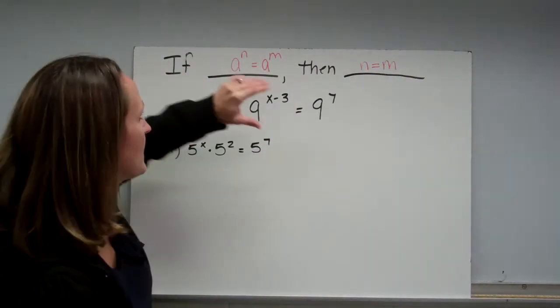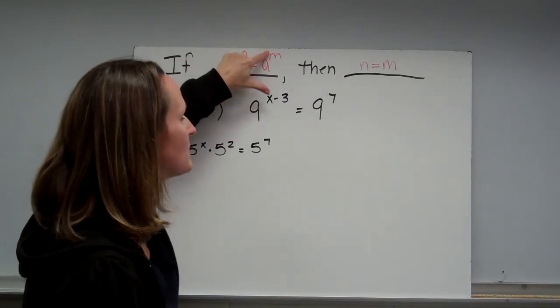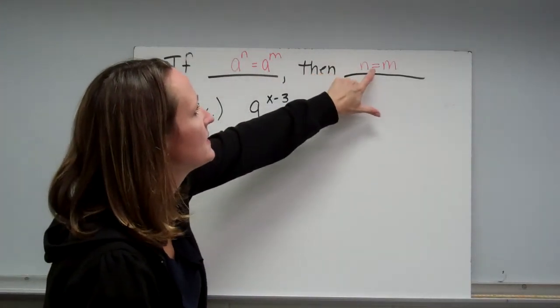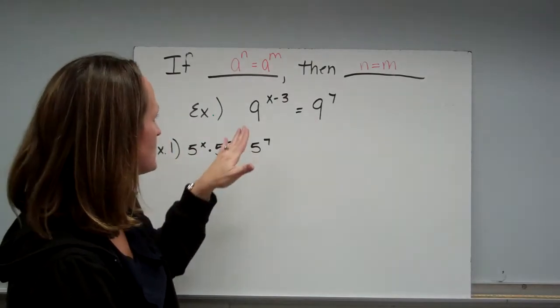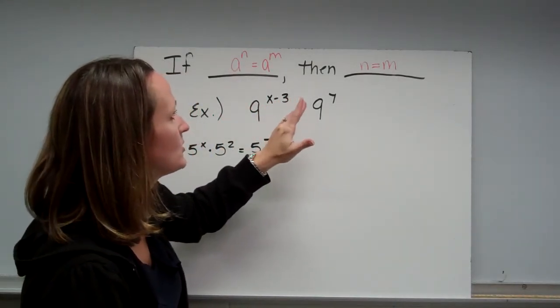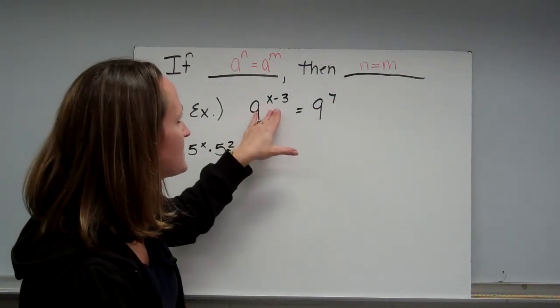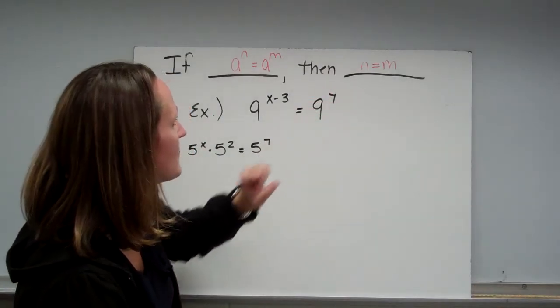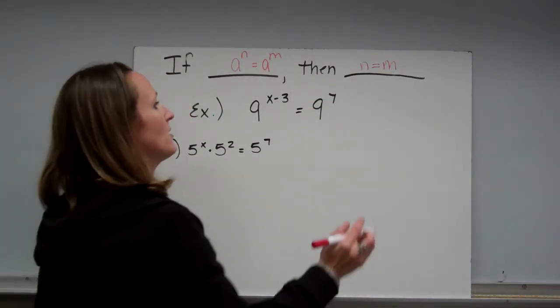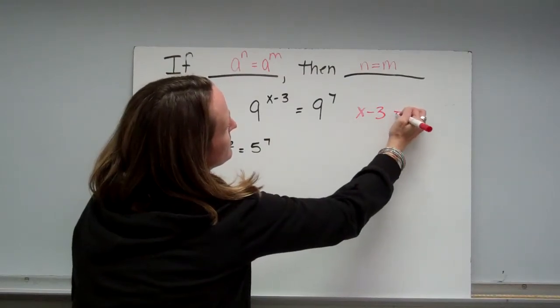Okay, so looking up here again, I said that a to the n equals a to the m. This means that n equals m. So let's look at this example. I have 9 to the x minus 3 equals 9 to the 7th. So if I know that, what else do I know? Well, I know that x minus 3 equals 7.